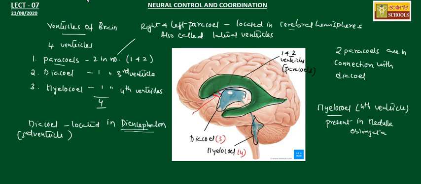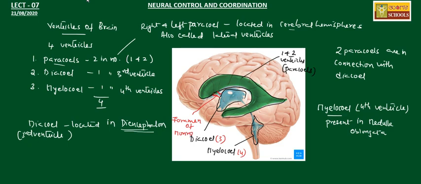The two paracoels and the diacoel are connected by a narrow passage. This narrow passage is called the foramen of Monro.